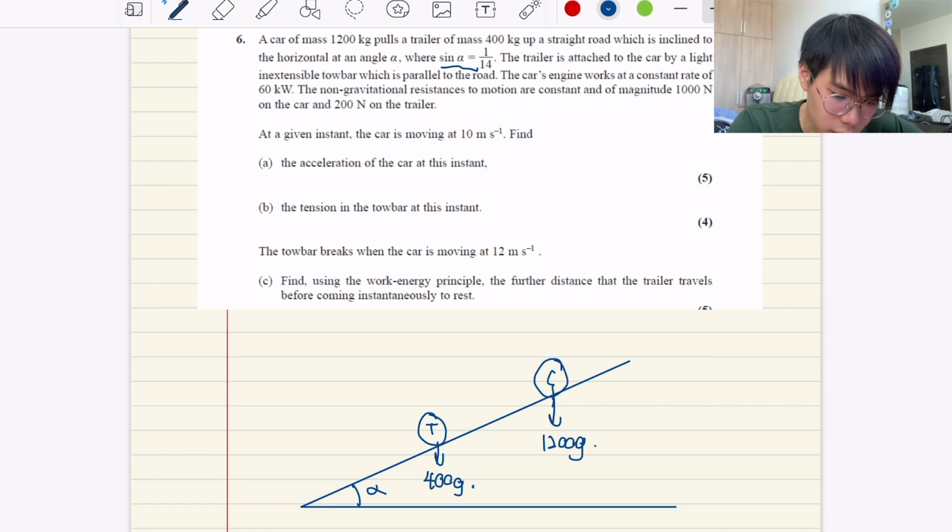Okay, the trailer is attached to the car by a light inextensible tow bar which is parallel to the road. So there will be tension here. Tension is always directed away from the objects.